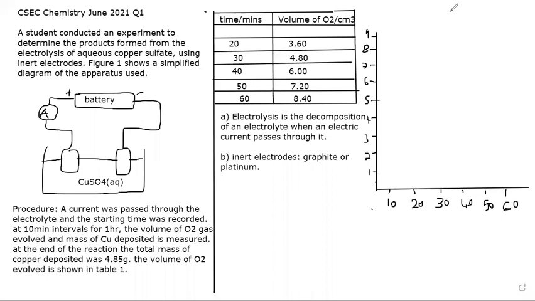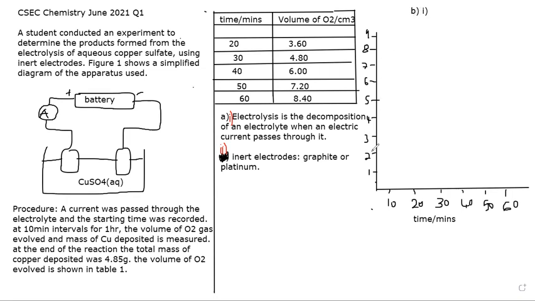So it was A1 that asked us to define electrolysis, and A2 to state an inert electrode. You could state either graphite or platinum.